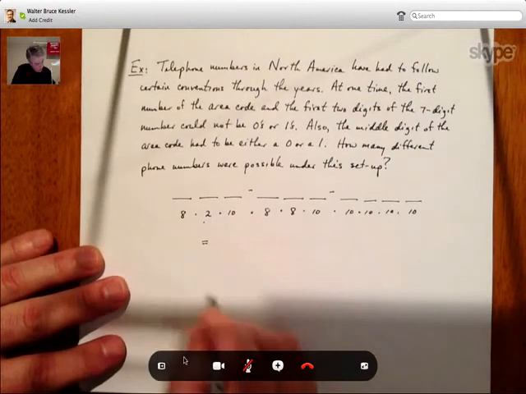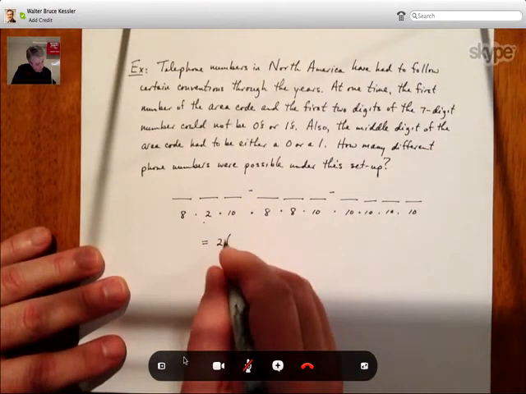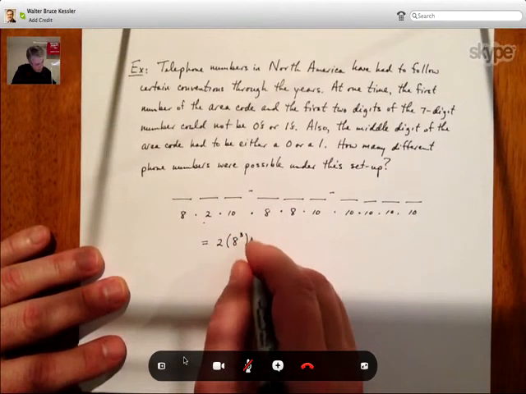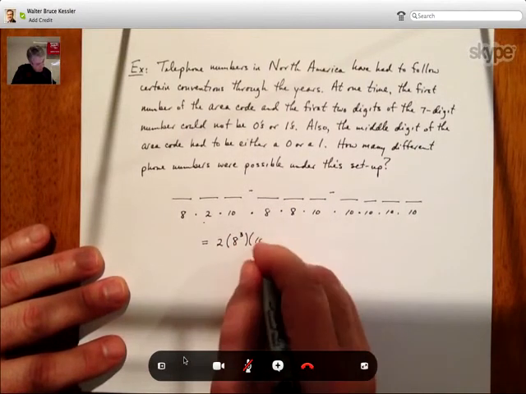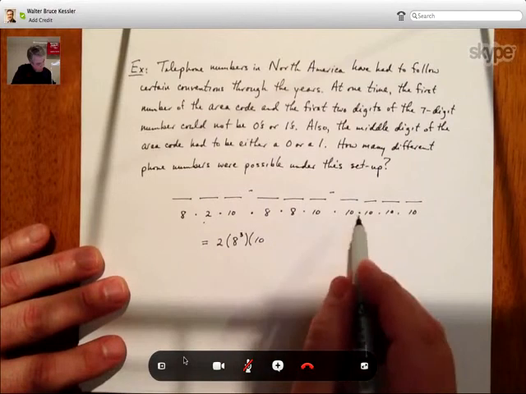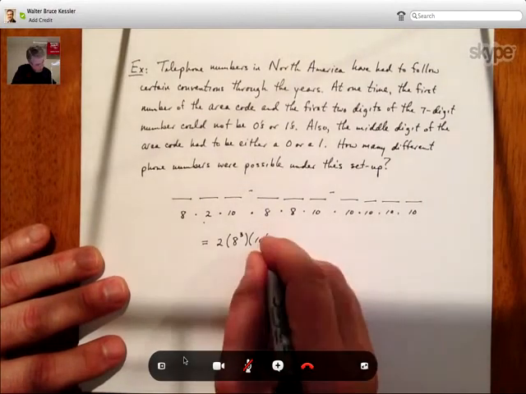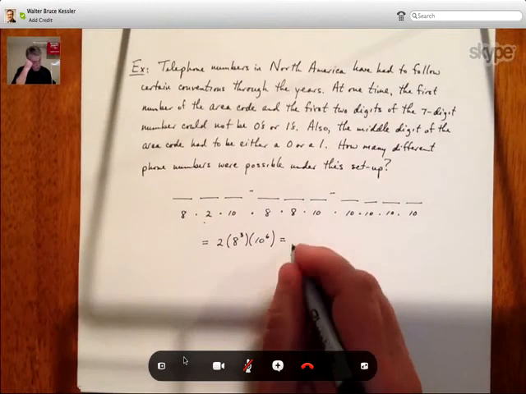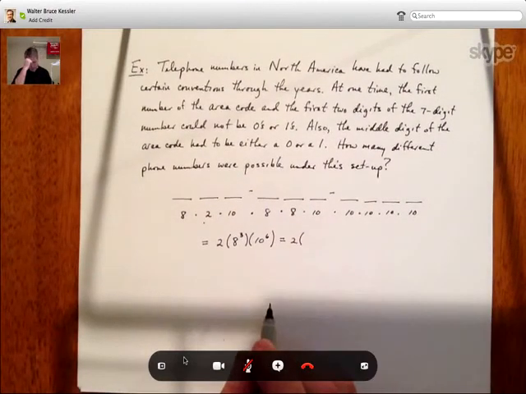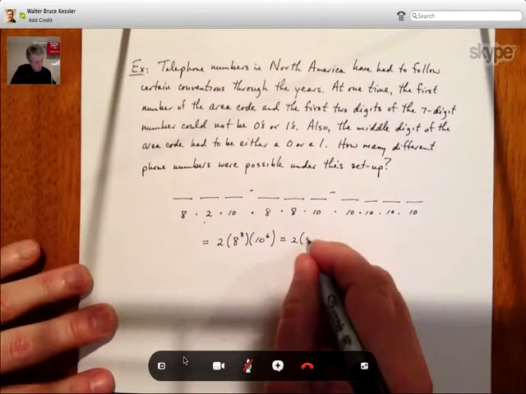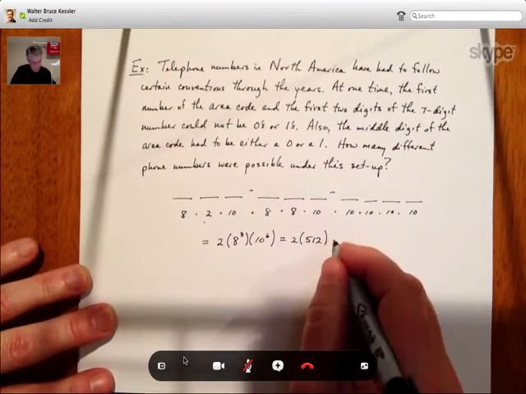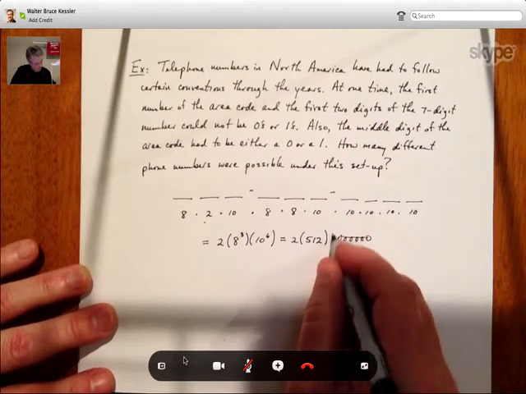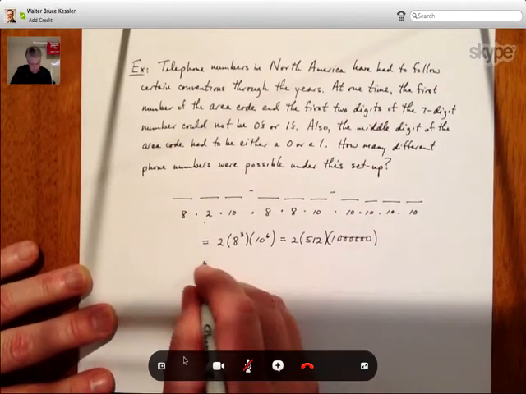Okay, so what is this? We've got a 2, 8 cubed, and 10 to the 1, 2, 3, 4, 5, 6. So 2 and then 8 cubed, I'm pretty sure is 512. And then that's a million, 6 zeros.